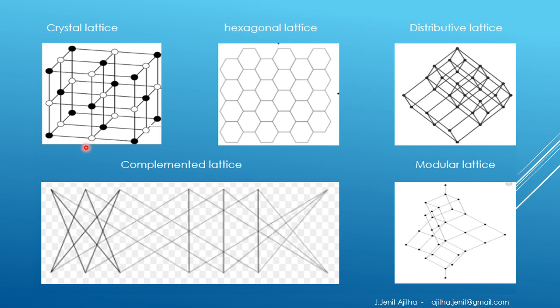The structures are given, and this is the structure of a crystal lattice, and the second one is the structure of a hexagonal lattice, and you can see the third picture. This is the structure of a distributive lattice, and this is an example of a complemented lattice. And the last one is an example of a modular lattice.